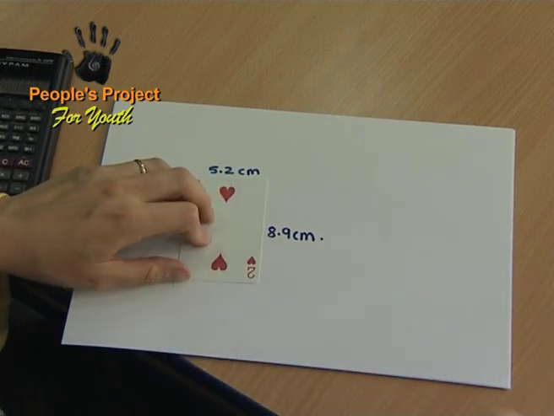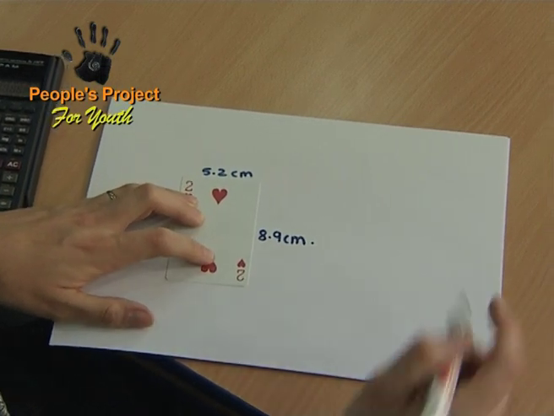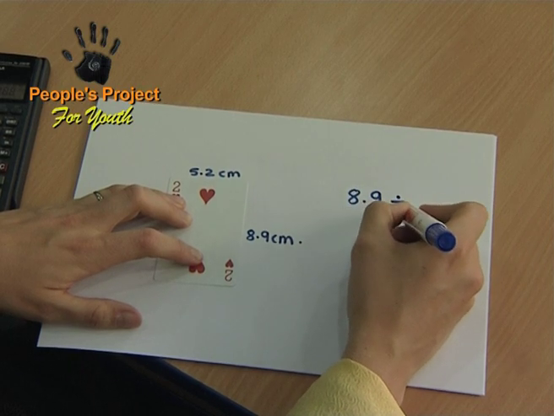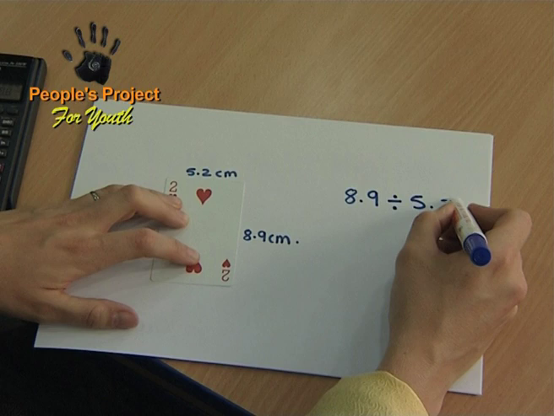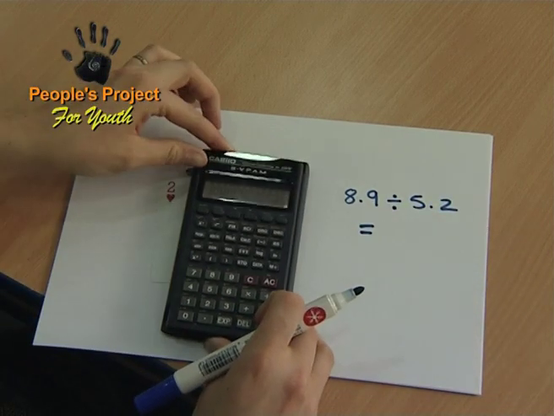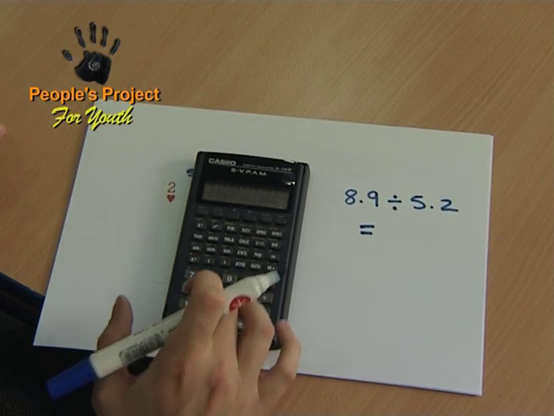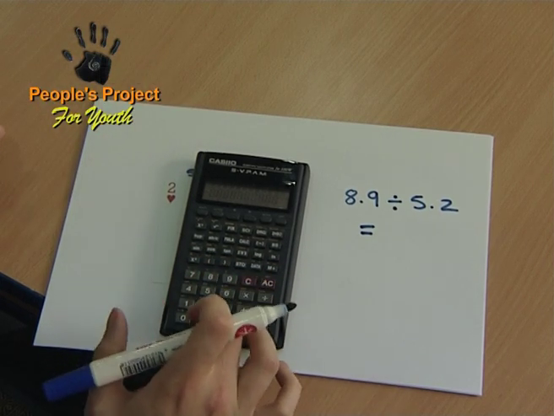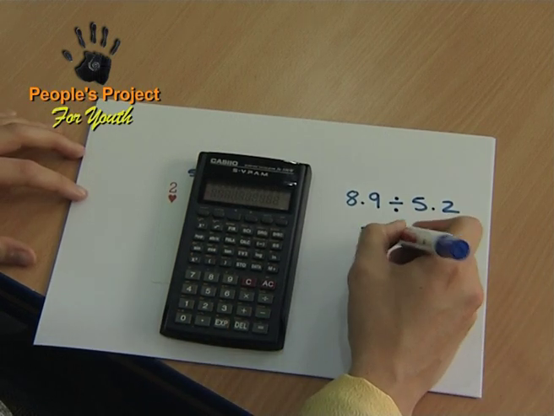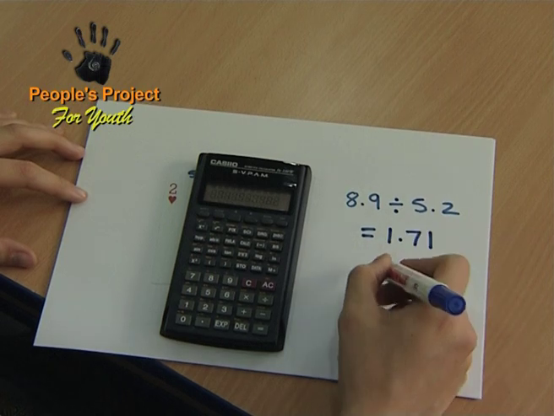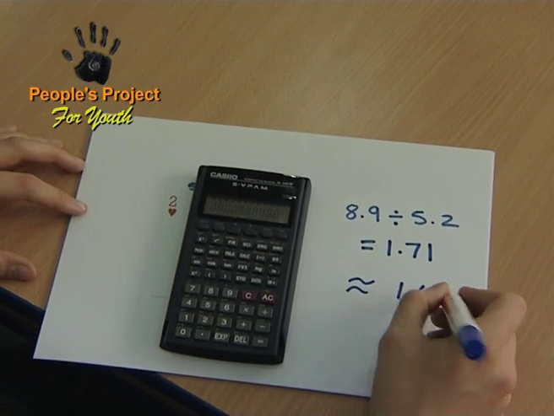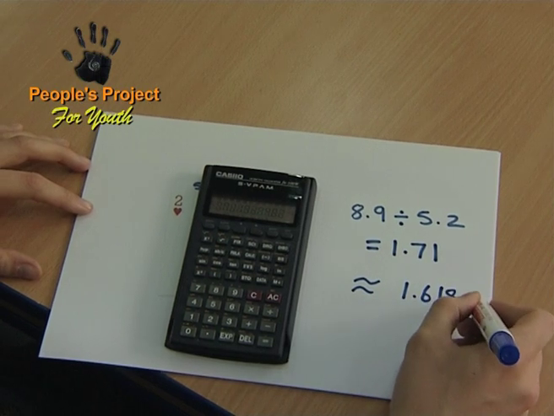So to find out if we are in the golden ratio here, we need to take the longer dimension and divide it by the smaller dimension and see what ratio we get. So 8.9 divided by 5.2, and the ratio that we get is 1.71, which is very close to the golden ratio number that we were looking at earlier.